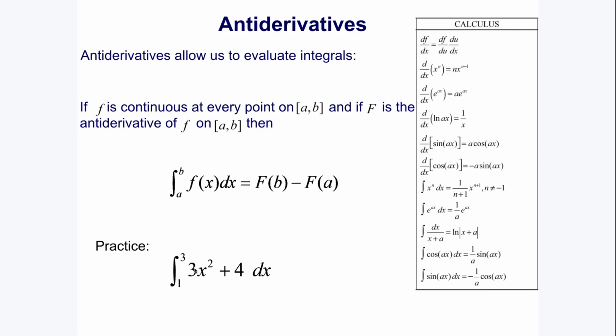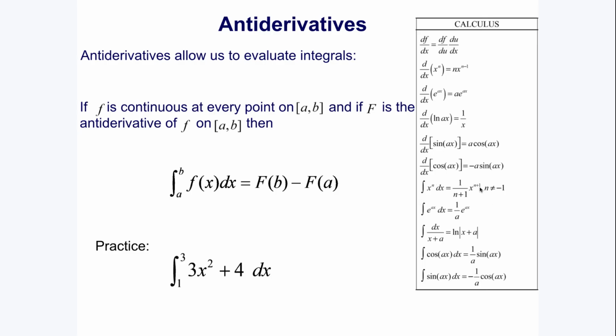So when we do this practice problem, because for derivatives of polynomials we would take the exponent, multiply it out in front, and decrease it by 1, we're going to do the opposite. You're going to add 1 to the exponent, and it's actually written out in the equation sheet here.